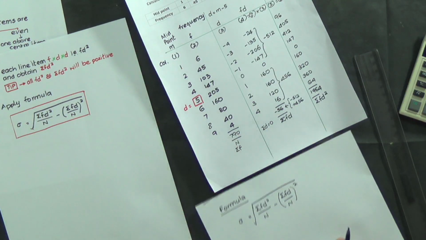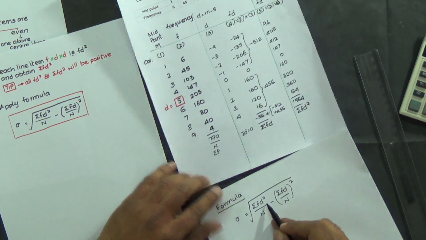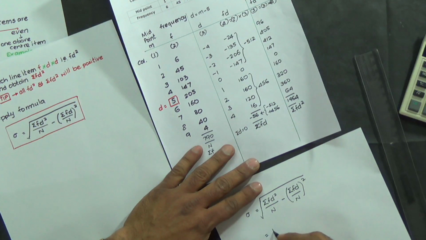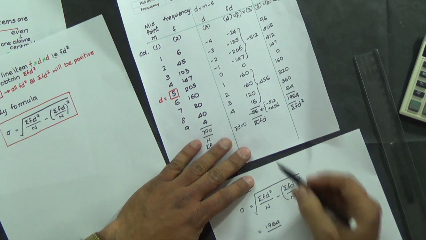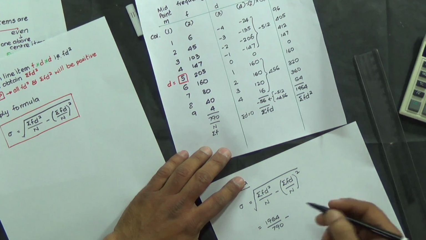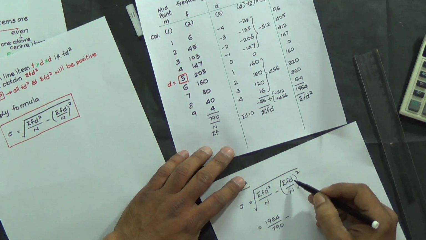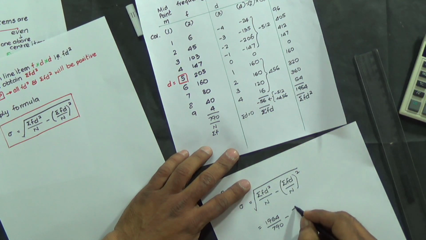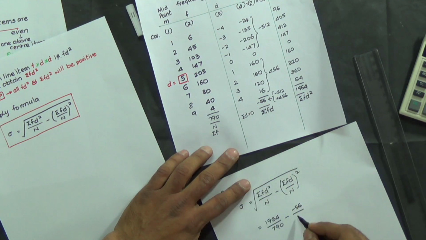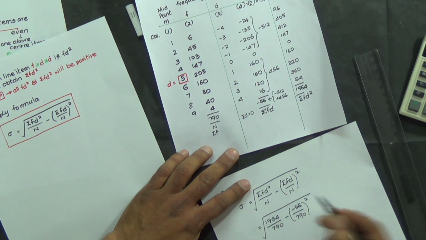This is the formula. Now sigma FD squared we know is 1964, n is 790, sigma FD is minus 56, again n is 790, whole squared, whole root.